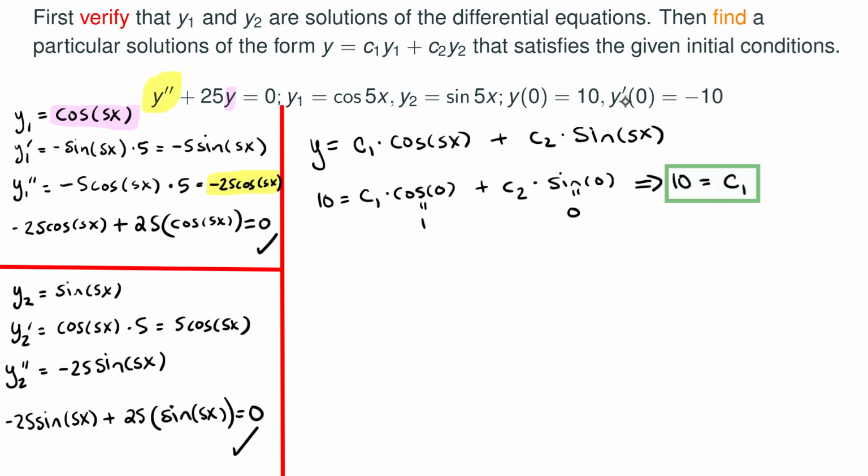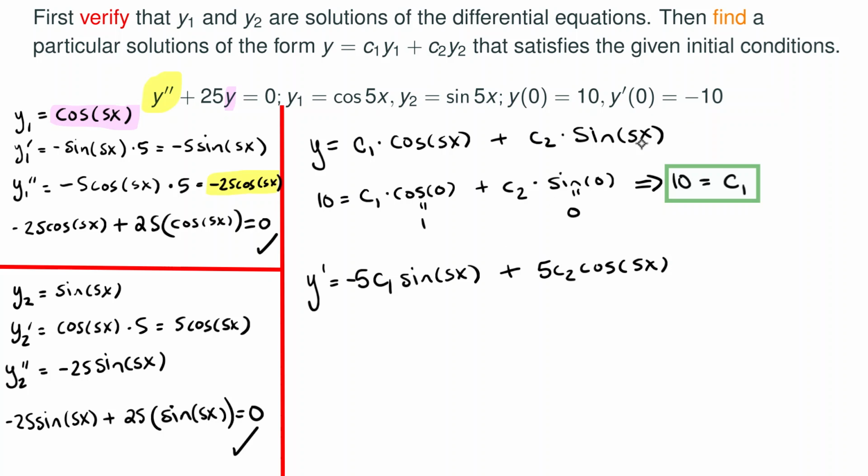To use the next initial condition, we need to know about the derivative. So we take the derivative, and that is negative 5 c1 sine of 5x, plus 5 c2 cosine of 5x.